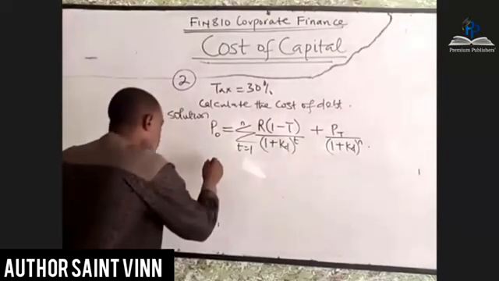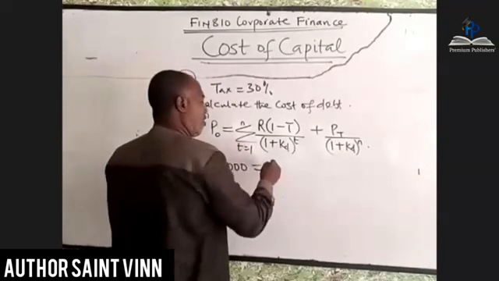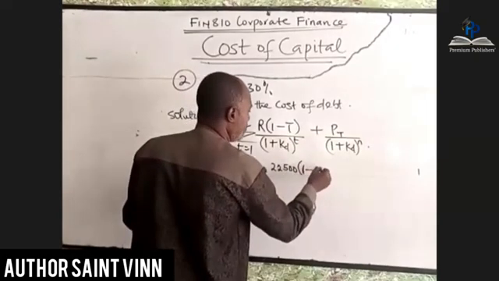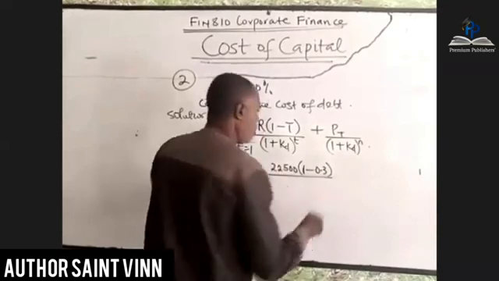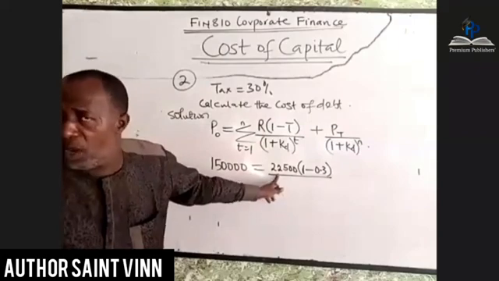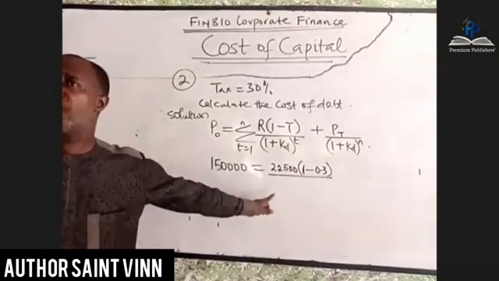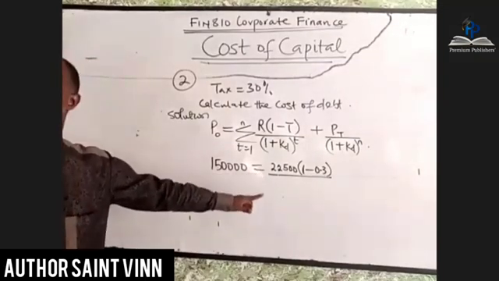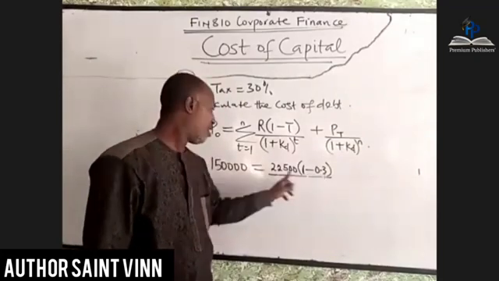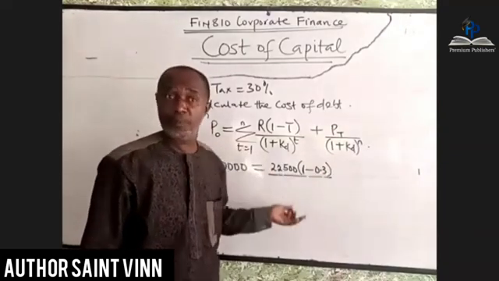Our P0 is 150,000 from our first question. Our R, I hope it's 25,500. Are they there? Right there. Our rate, the interest payment on the debenture, we got 15% of 150,000. Our tax now is 0.3, which means out of this, what we have here is 70%, because 1 minus 0.3 is 0.7.